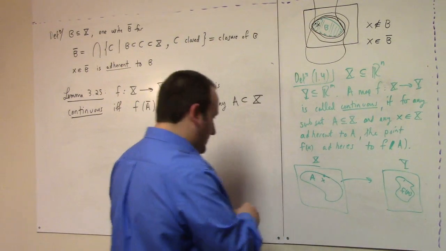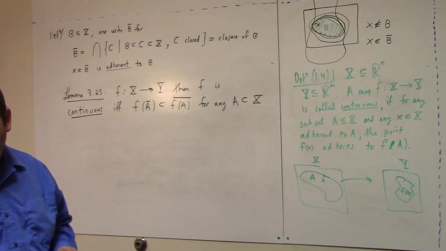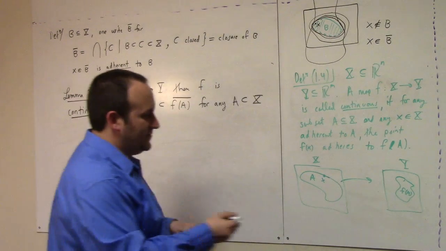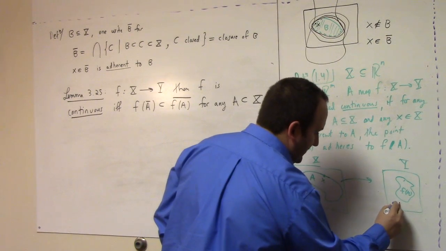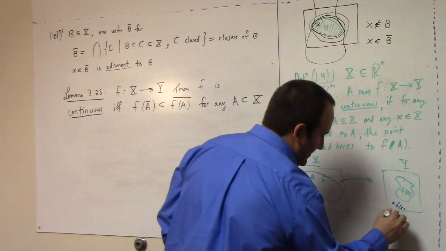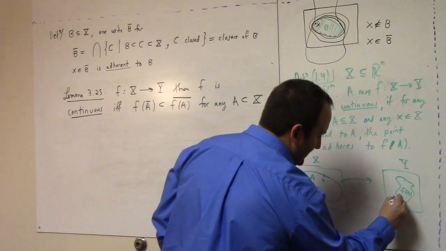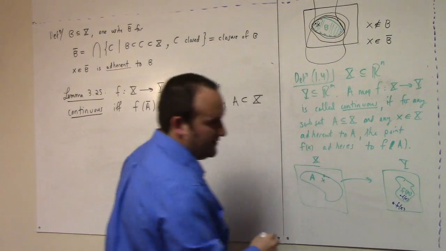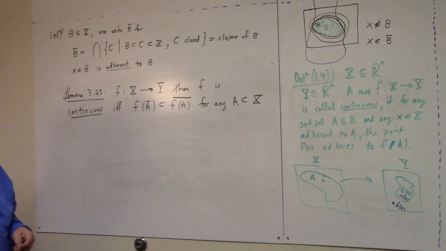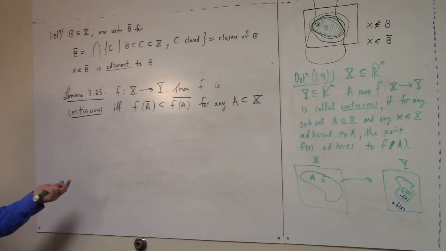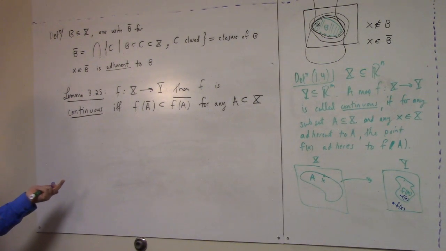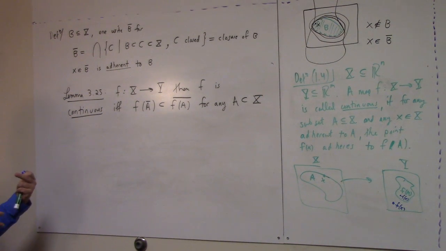So if x adheres to A, what he's saying is it can't be that f(x) is out here. It has to adhere to f(A). It has to be in here somewhere. If f is continuous, it can't just jump off the image, unless, of course, the point is isolated in the domain as well. If the point in the domain doesn't adhere to the other points in the domain, in the sense of being adherent to some common subset.